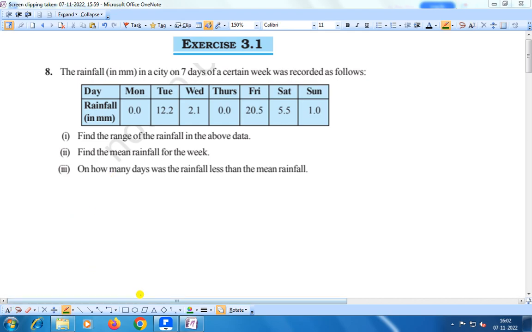Right, first of all we have to find the range. That is question number 1.